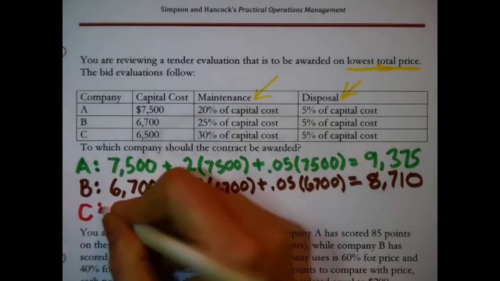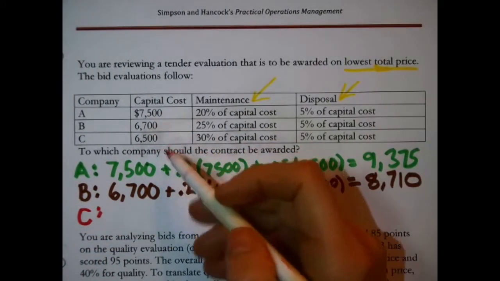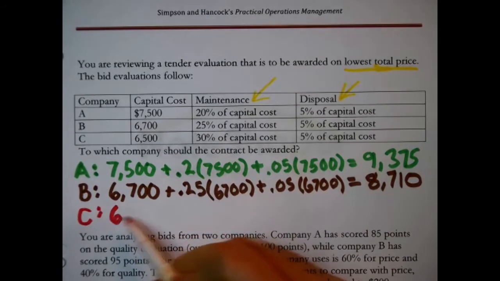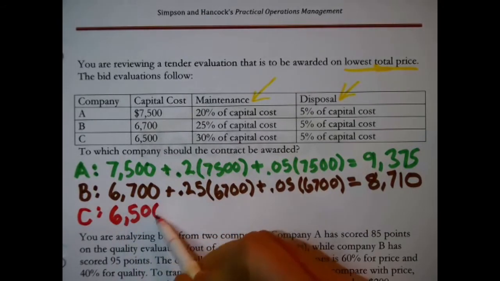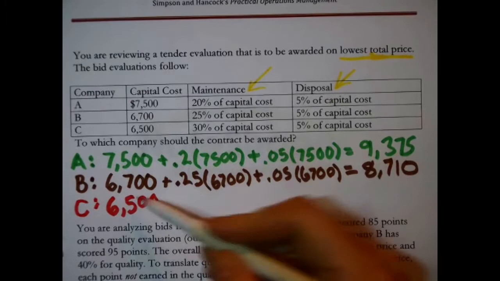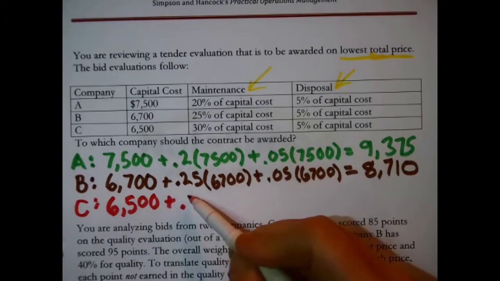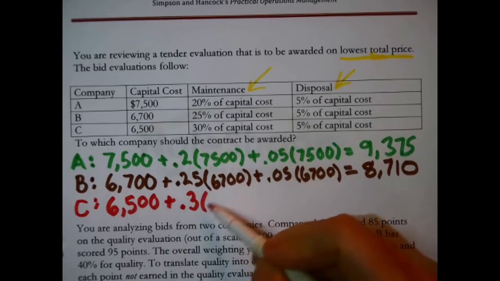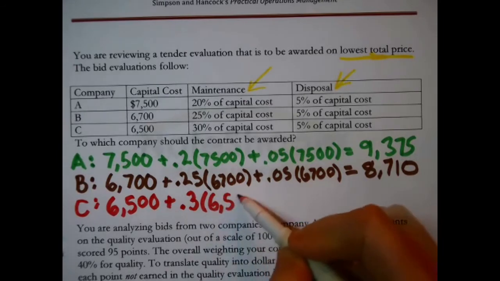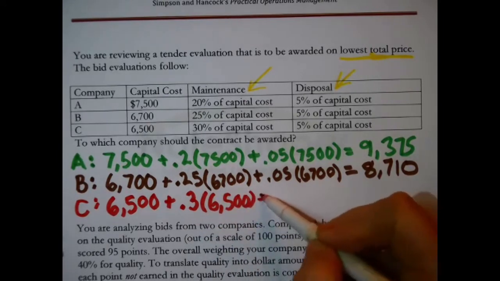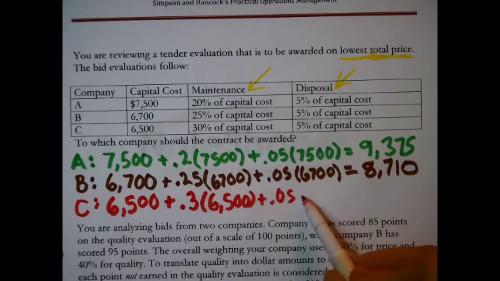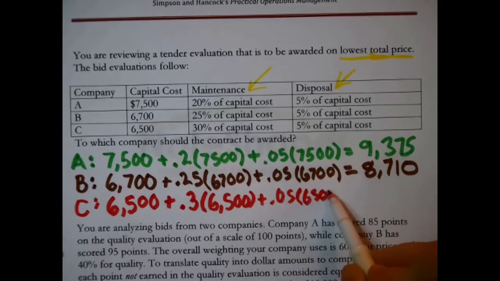Company C, if you were just looking at the upfront cost, would be the attractive bid because it's got the lowest upfront capital cost, $6,500. But it does have a higher proportion of maintenance, 0.3 times that 6,500 plus 0.05 times that 6,500 for disposal.